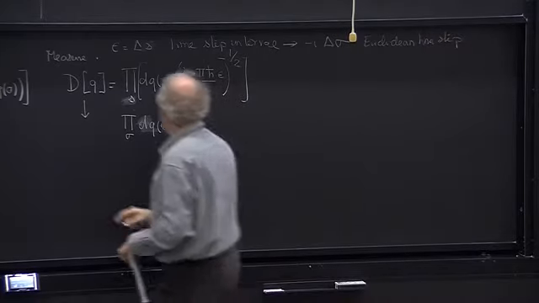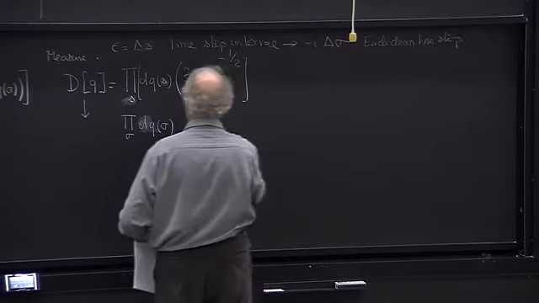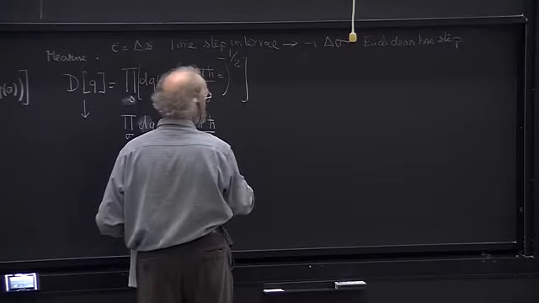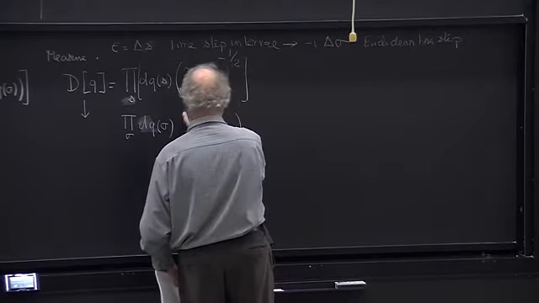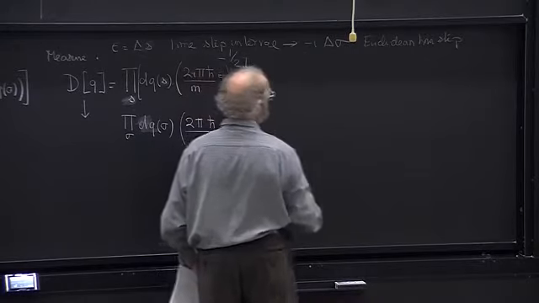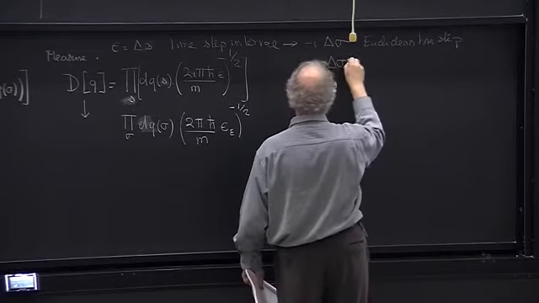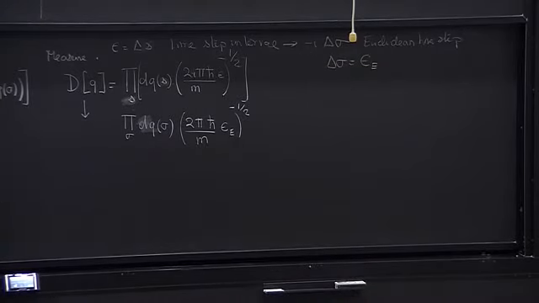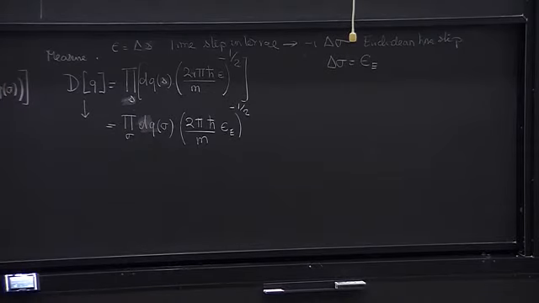Okay? And so this becomes 2i times minus i, so this becomes 2 pi h bar over m times epsilon Euclidean, if you want, to the power minus 1/2. So delta sigma is what I'll call epsilon Euclidean. So this is what becomes the measure.